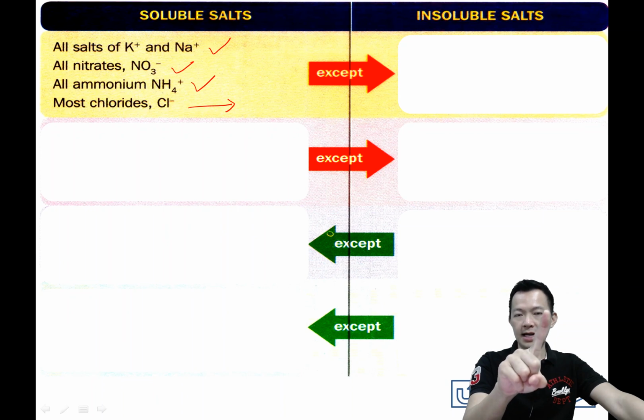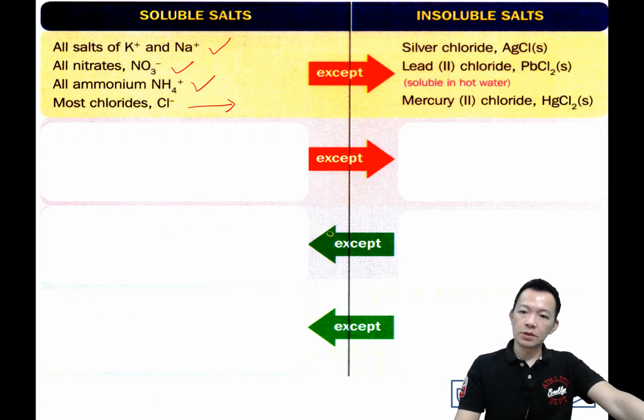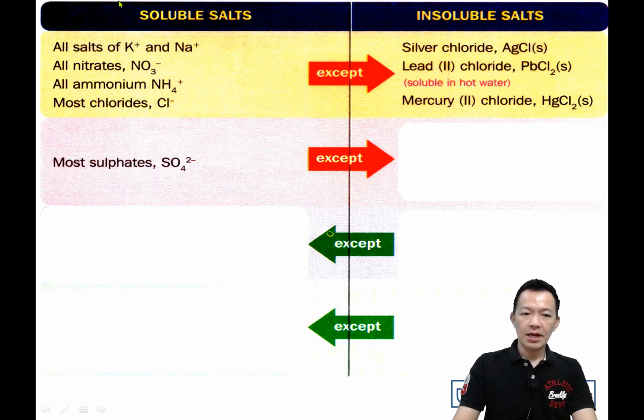除了 silver chloride 跟 lead chloride 这两个。Okay, so except silver chloride, lead chloride, okay, and mercury chloride. But mercury chloride 这两个已经背到头很痛了，对不对？哪里有去理那个 mercury chloride 呢？有没有背它都不用紧了。Mercury chloride 算了吧。再来 Okay, next. Most of the sulfate, they are soluble in water.